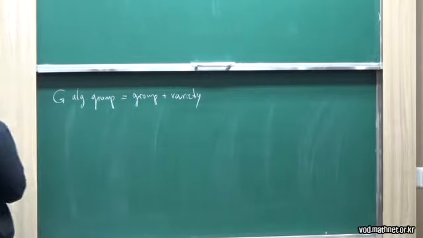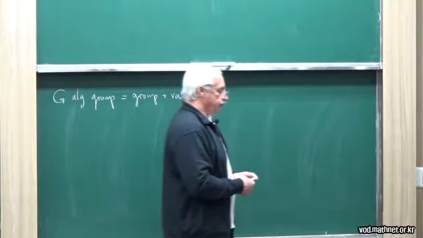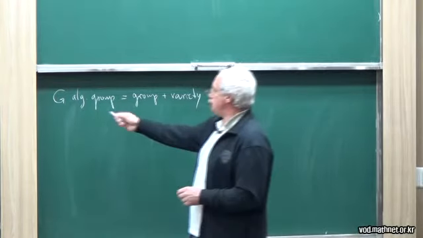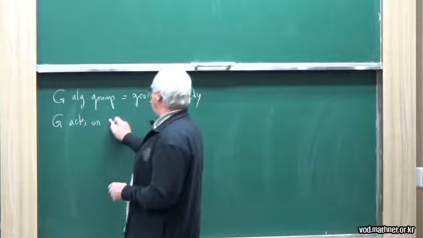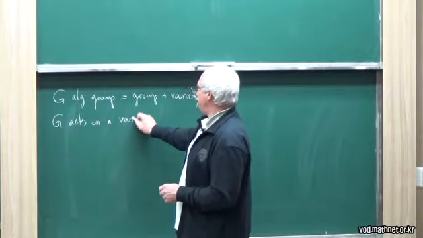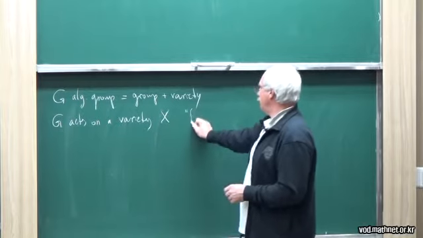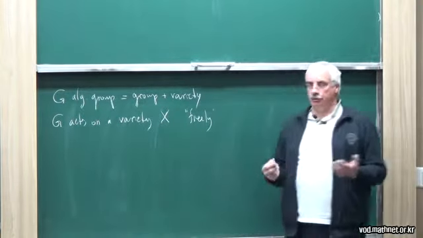And I would like to define the notion of a torsor for the group G. Well, it is maybe easier to explain as follows. Suppose that G acts on an algebraic variety, capital X, freely. Well, without fixed points.